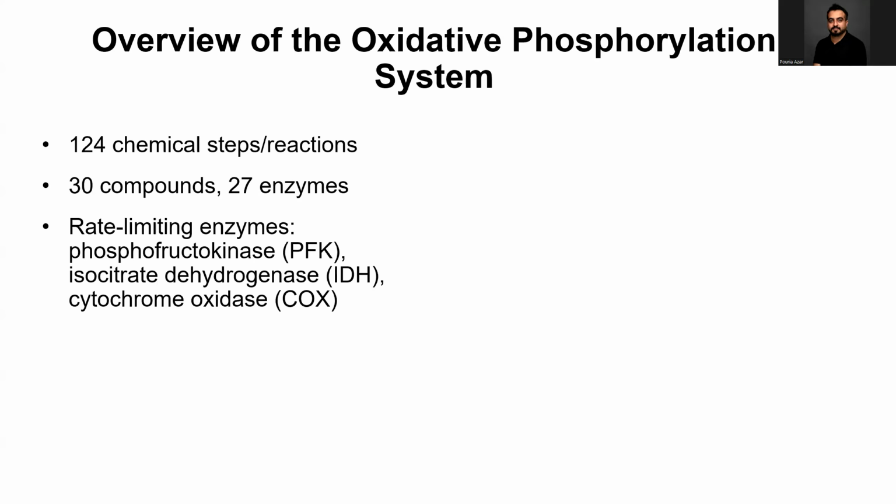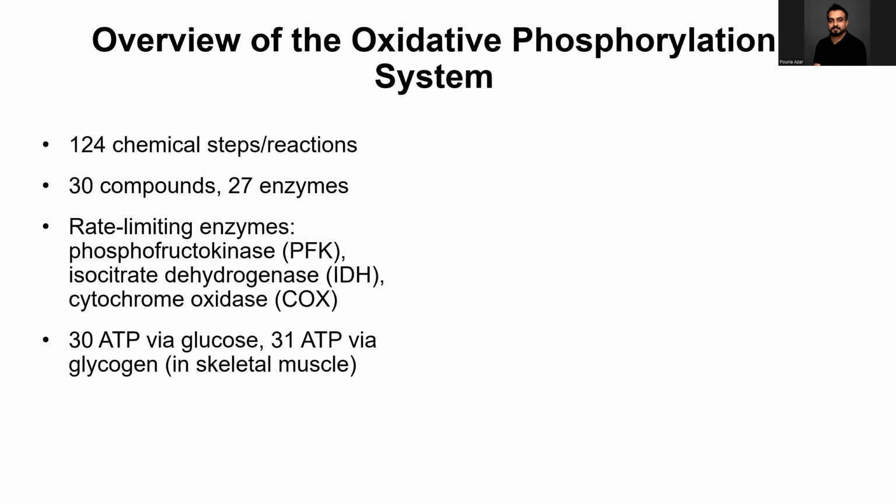And we have IDH and COX, which are the rate limiting enzymes. We get 30 ATP from glucose and 31 ATP from glycogen in skeletal muscle. It's a slow energy system.